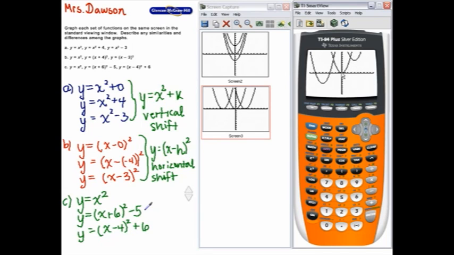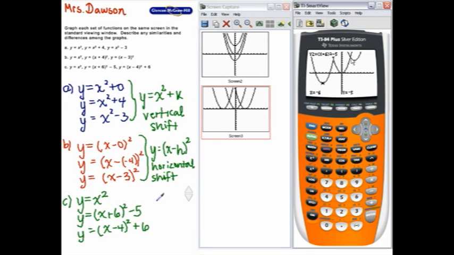As you can see, our original was centered at the origin. The second one had a shift down 5 units, and then a shift to the left of 6 units. And we can see that vertex by tracing the x value, which is -6. You can see the vertex is at -6, -5 for this one.